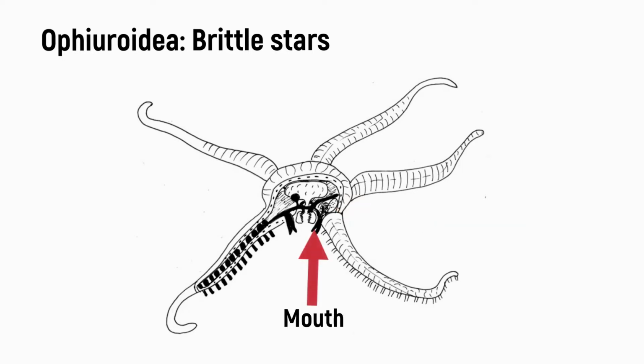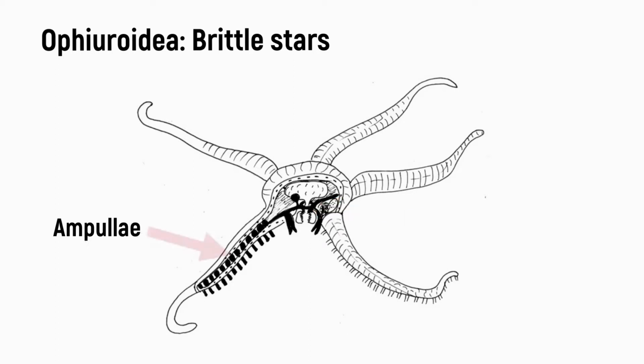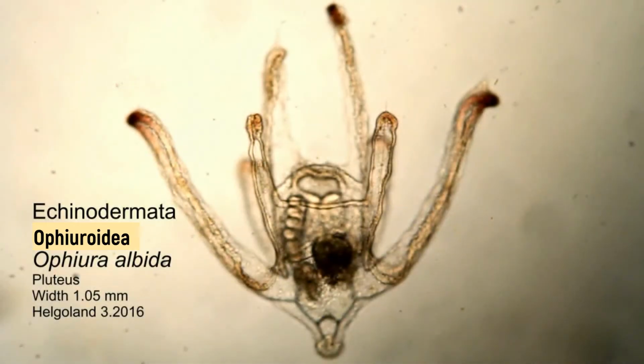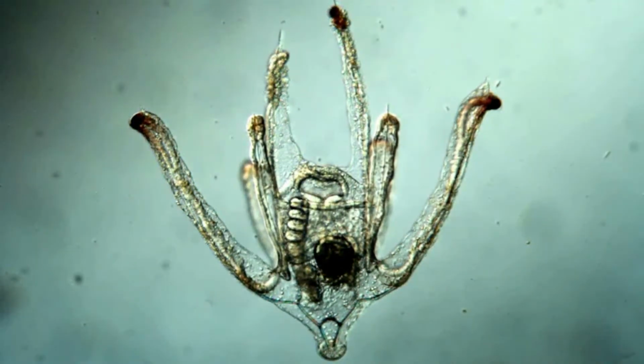There are no suction cups on their feet, and movement is achieved by moving the whole arms, which makes brittle stars quite nimble. The animals are very sensitive to touch, and the arms are often discarded to escape predators and are usually then regenerated. The bilaterally symmetrical larvae of brittle stars are known as Pluteus larvae and live planktonically.